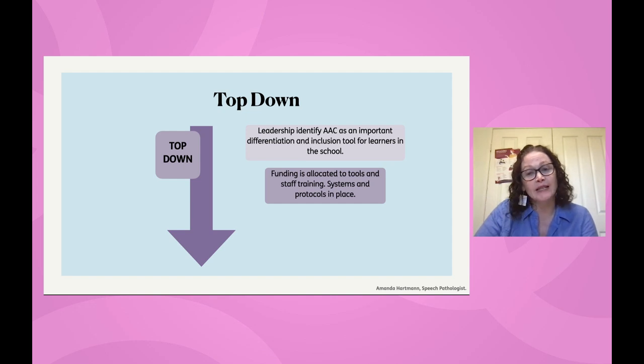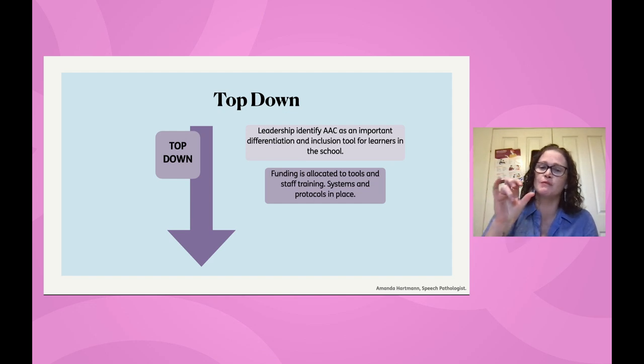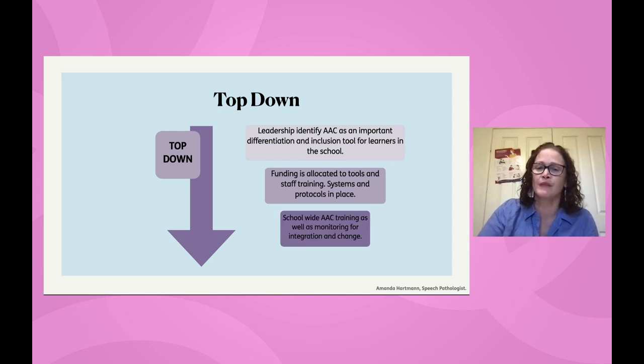When that's the case, the school is able to allocate funding, not just to the AAC tools, but also to the training and support of staff. Quite often with a top-down model, which is a really good thing, there are really good systems and protocols in place for measuring progress and change and reflection.